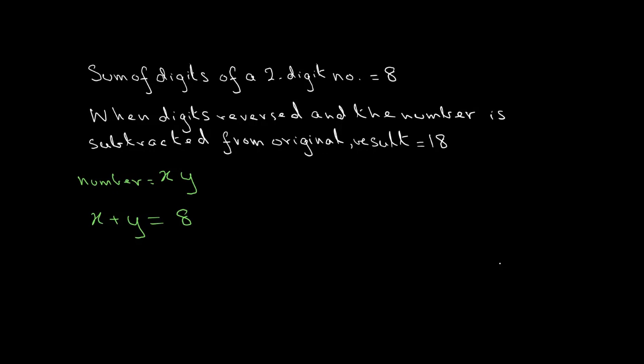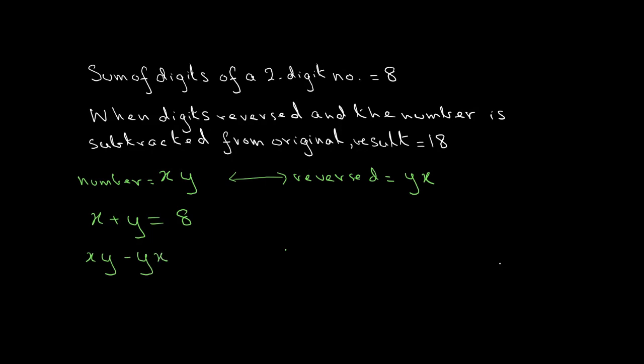Now when we reverse the digits, the reversed number will become yx, right? When the digits are reversed and the number is subtracted from the original number, what we are doing is from the original number xy minus yx, and we are writing it not as a product.